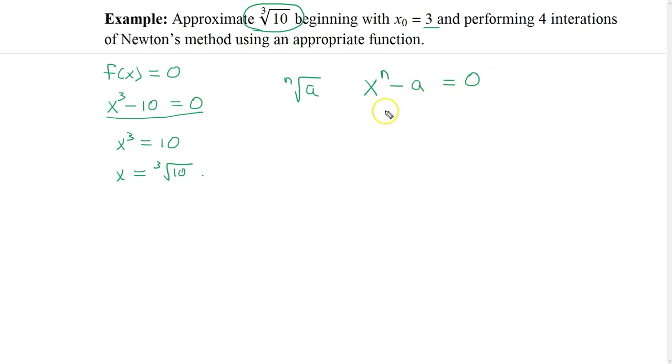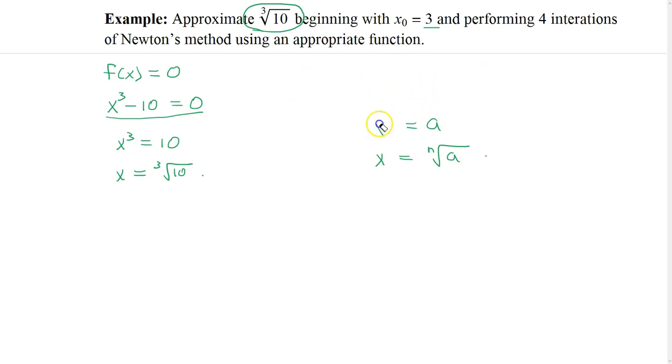Because if you move the a over and then take the nth root, you get your nth root of a. So that's a rule to follow when you want to use Newton's method to approximate the nth root of a. This is the function you want to use.